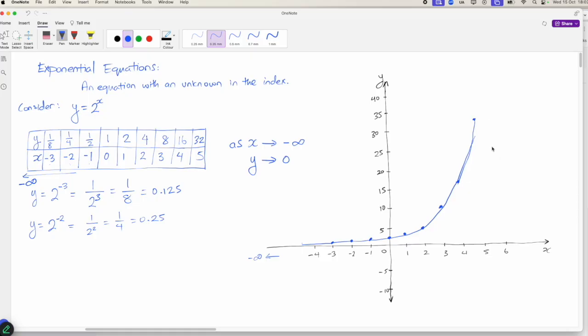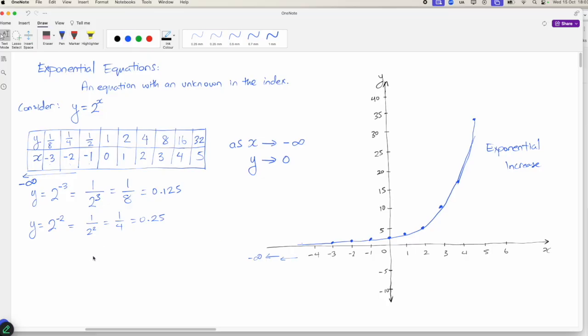So this is what we call an exponential increase. If you ever heard that word before, exponential increase. You could see that it is increasing rapidly. And you could see that the further down the negative side we go, the further towards 0 we will get, but we will never actually reach 0.